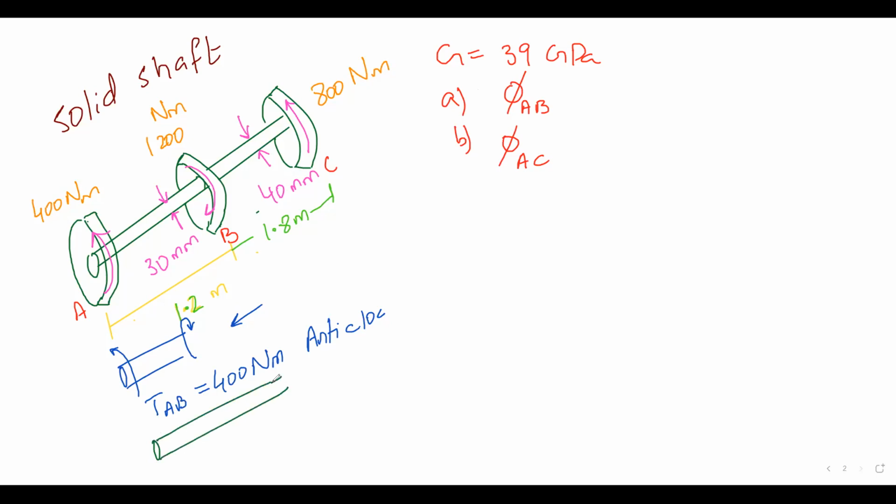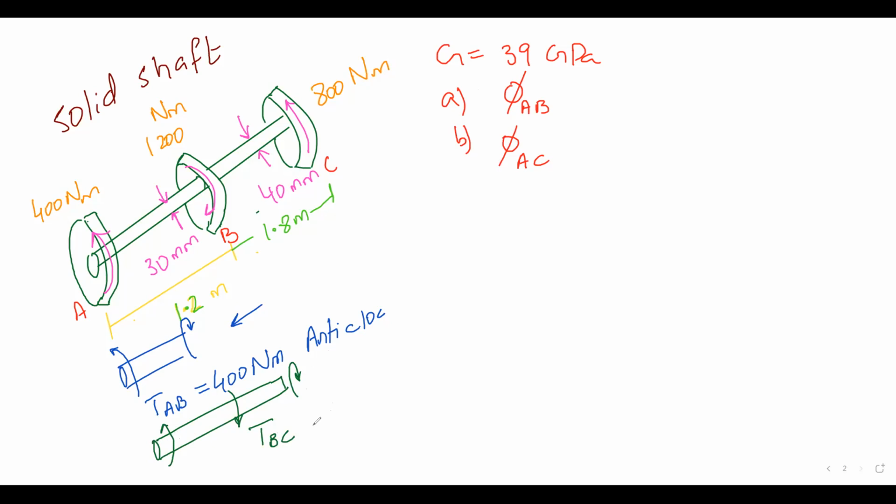So the next chunk is again, let's say again like this. You have one chunk here, you have another chunk here. So it is TBC, right? Let's write anti-clockwise.